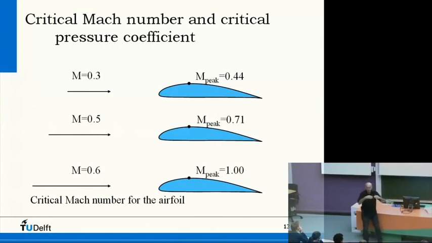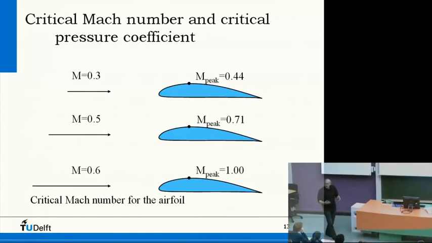It's simply the form that gives you the velocities there, and somewhere the peak Mach number is 0.44. If we increase the Mach number, then also here the Mach number will increase at the thickest point, where the velocity is highest. There you will see also that the peak Mach number is increasing. 0.6, and here it is 1. And this is what we call the critical Mach number.